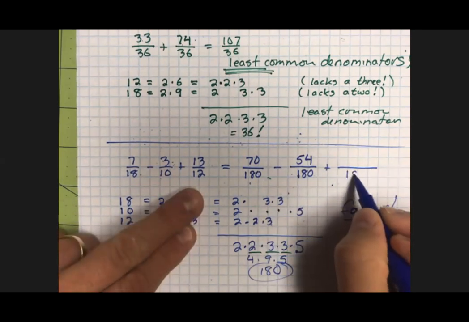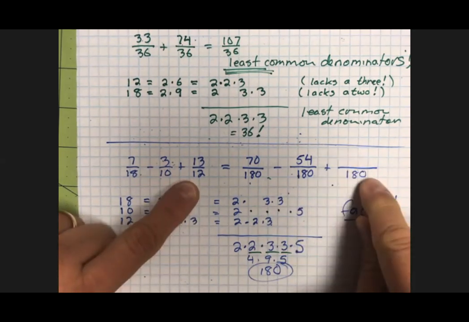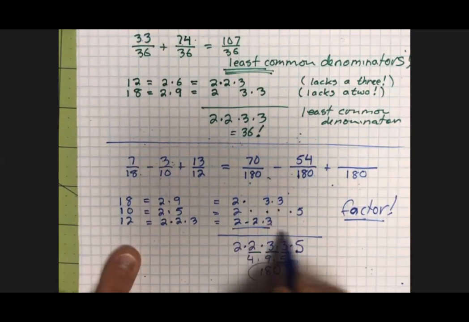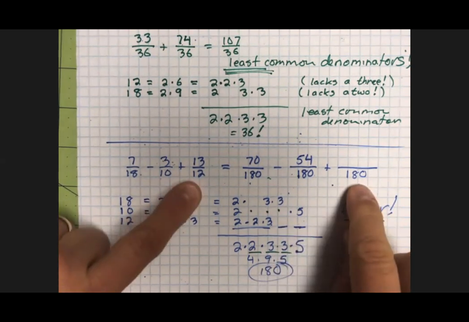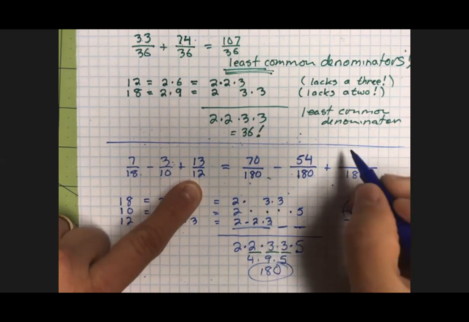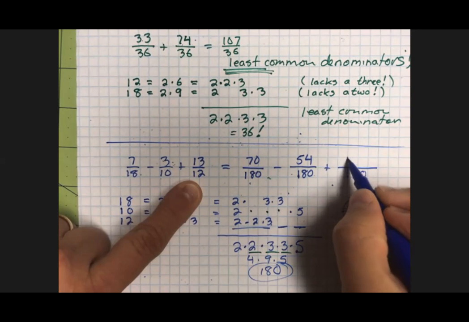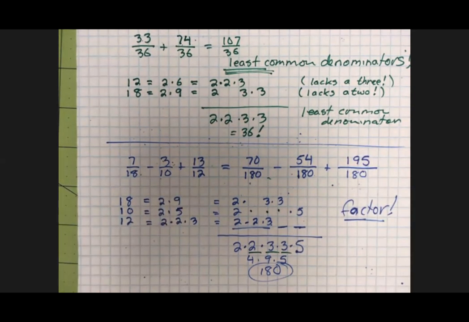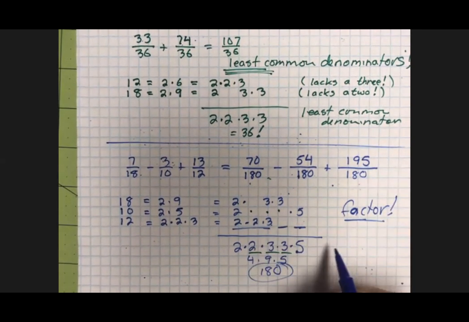Here's a sneaky one. How do you turn 12 into 180? Where's 12? Right here. What are you missing? You're missing a 3 and a 5. You're missing 15. So you turn 12 into 180 by multiplying by 15. 13 times 15 is 195. Now I can add these together.